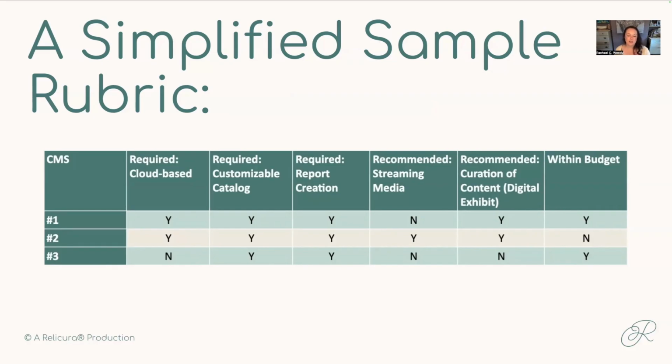And then as you begin to go through the collections management systems and perhaps start having demos or conversations with them, as you go down each row, you can make notes of, yes, this system meets these first 5 requirements, or no, this system is lacking this particular requirement, but it has the rest of these other things. So you'll have in one place your criteria, how important or required that criteria is, and then how each collections management system measures up to that criteria.